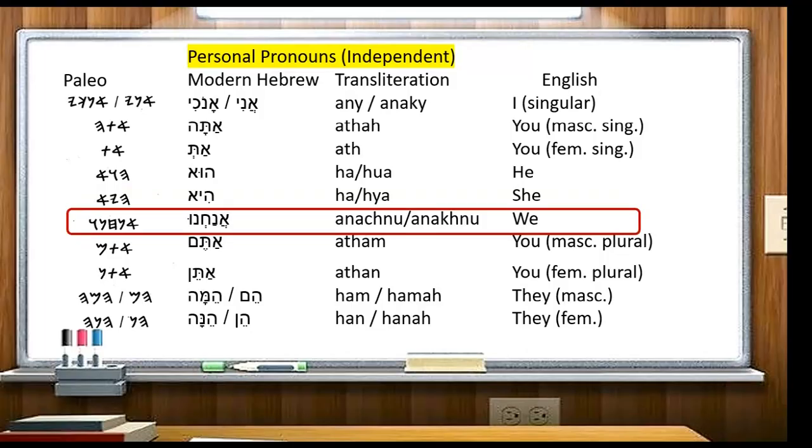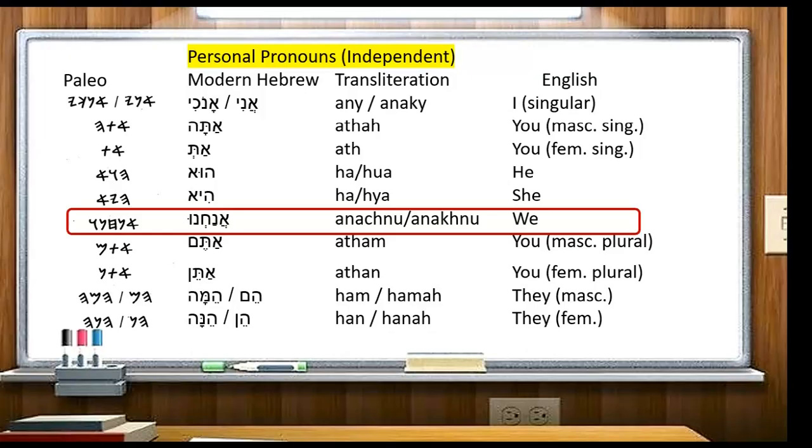You will see CH or KH predominantly because it is believed that the KH is more ancient than the CH, and then both were later followed by just H. So some persons you may see writing anahnu, and that is because of the pronunciation of this word. So anachnu would be what we see here, and it means we.